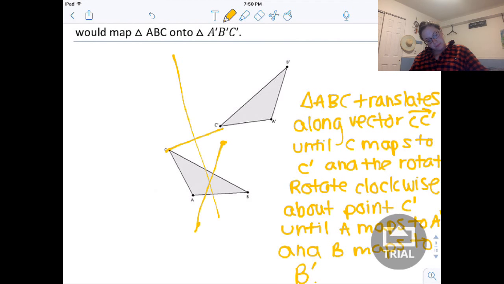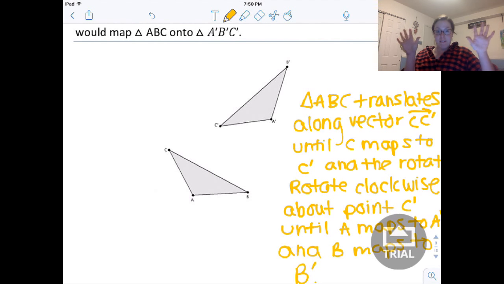So now you've got this triangle where the orientation is different. And so you're going to have to reflect it again to get the orientation to match up. So I would say if they don't give you a line of reflection and it's not glaringly obvious to you, don't go for that. But if they give you one, then I think go for it. I think that's a good option. But that's a good question.